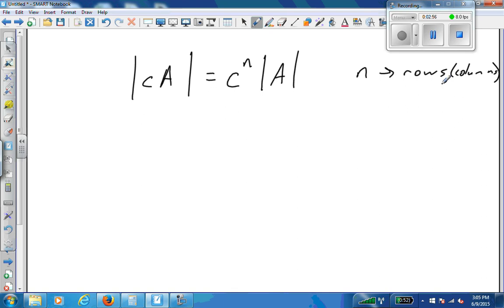Now remember when we took a single row and multiplied it times a scalar. Let's suppose we multiply it times 3.